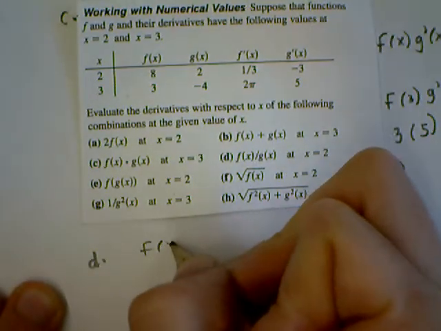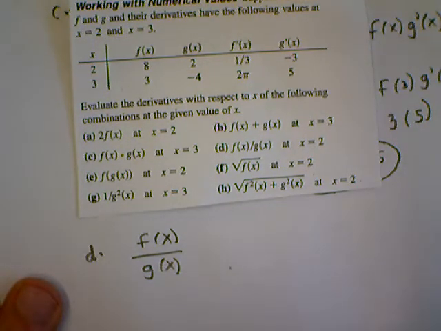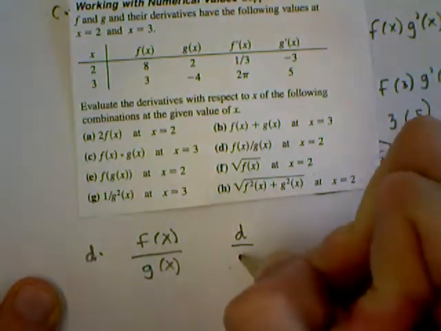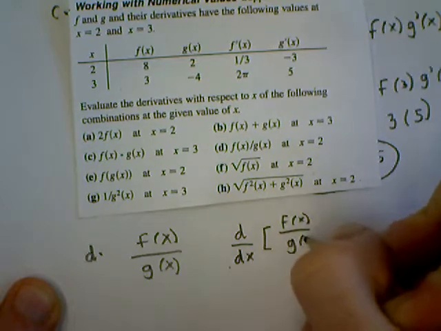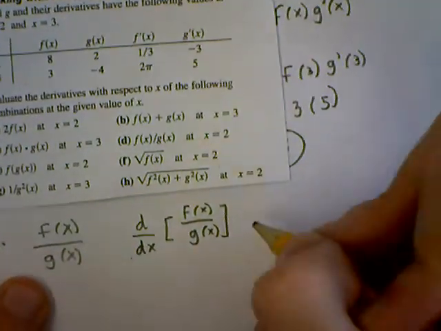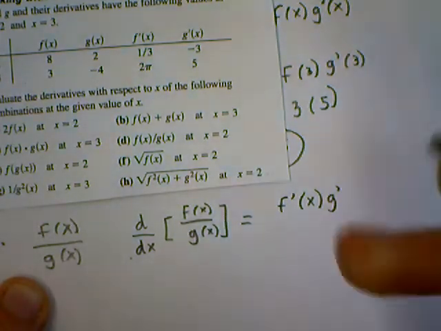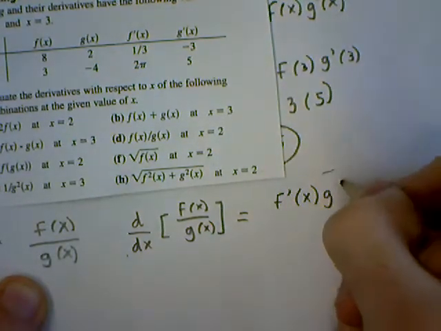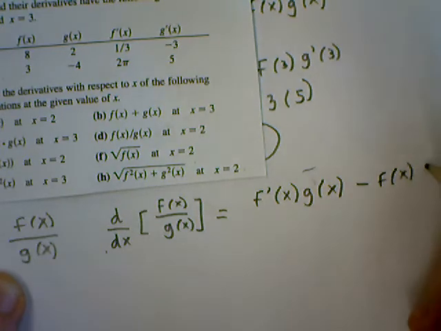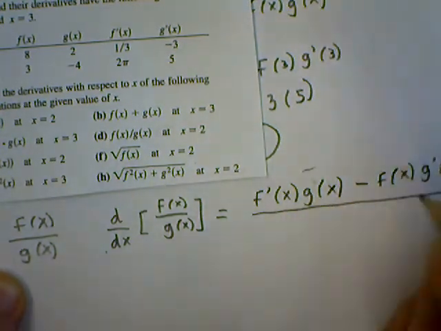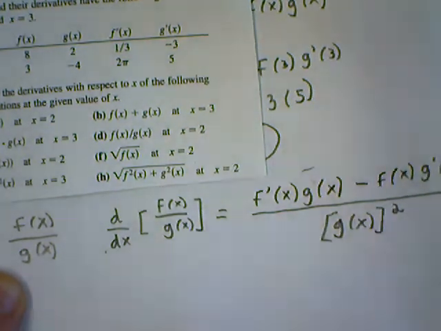This time I have f of x over g of x. I see that we have a quotient here, so I need to apply the quotient rule. d dx of f of x over g of x is equal to f prime of x times g of x, minus f of x times g prime of x, all over g of x squared.